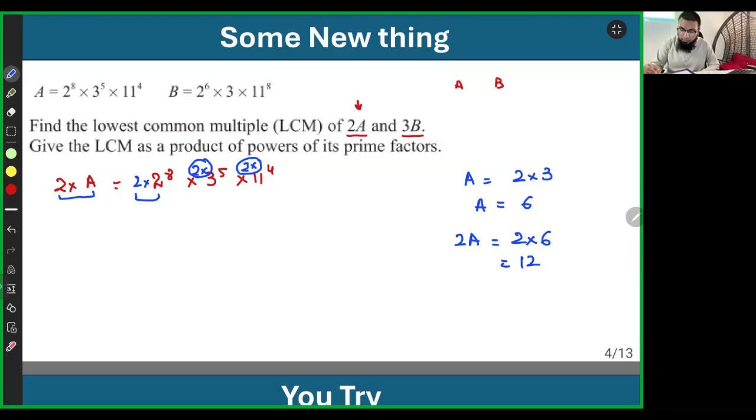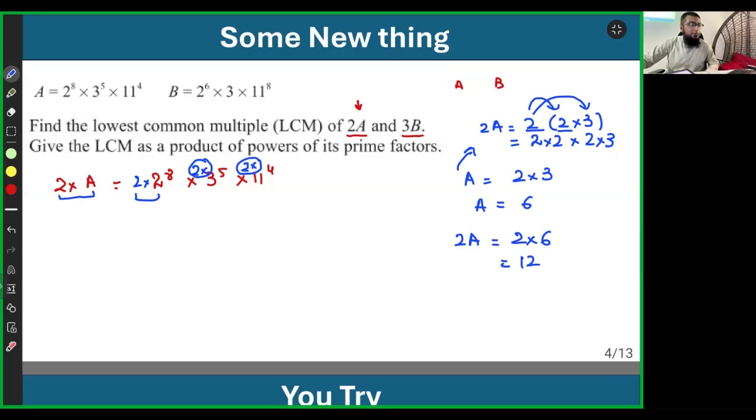Now, अगर मैं इसी जगह में if I write 2 times a and I use this technique, अब I'm just doing a very wrong thing. See, मैं कह रहा हूँ कि I'll multiply 2 with 2 and I need to multiply 2 with 3 as well. That is absolutely wrong. Got it? आपने सिर्फ 2 को एक से ही मल्टीप्लाई करना है because they all are adding. They all are adding.